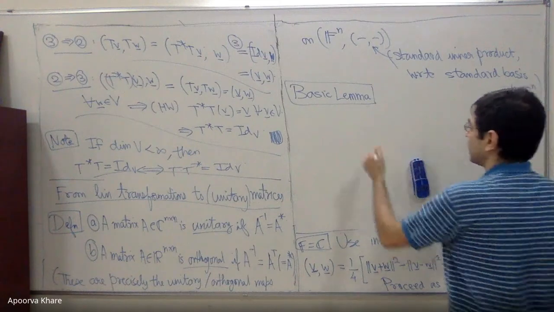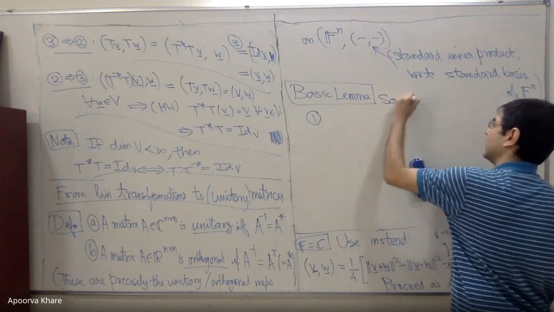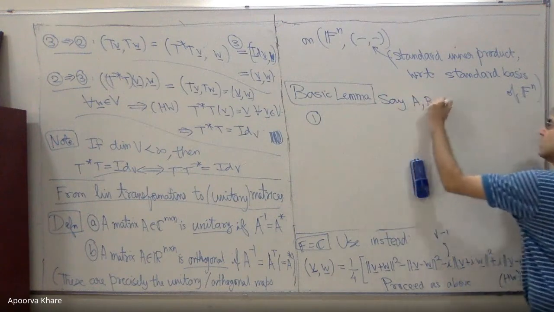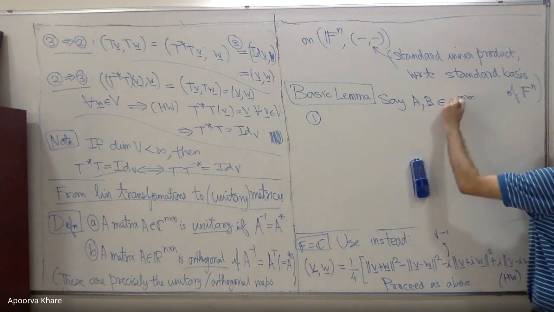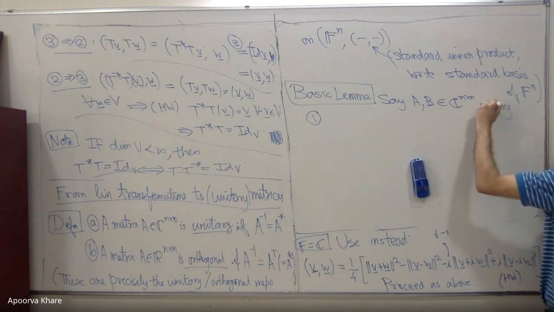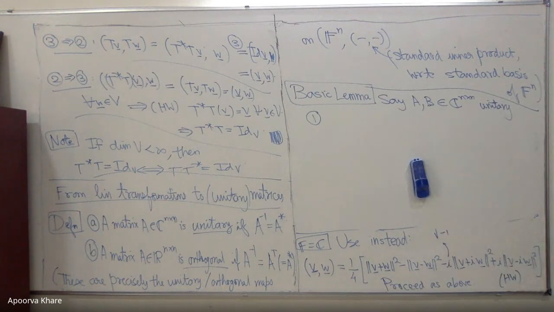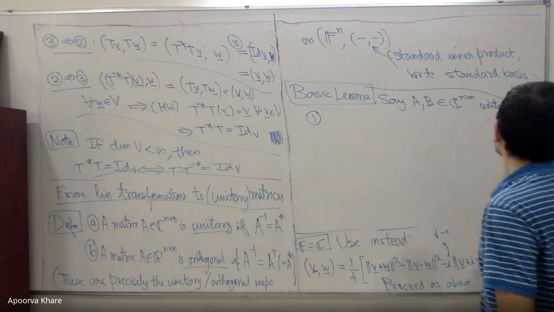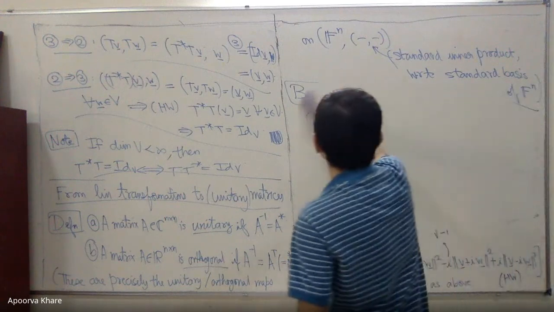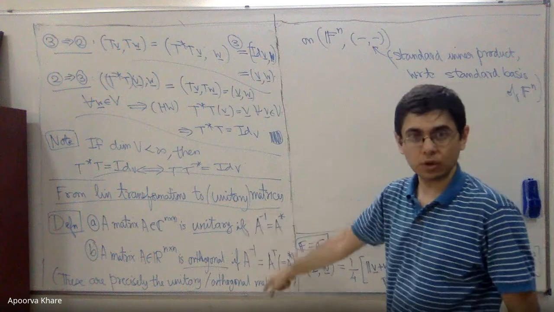So first of all, this one is also a problem. Actually, I should have written one more thing before the lemma. There is a name for the collection of all unitary matrices and all orthogonal matrices.